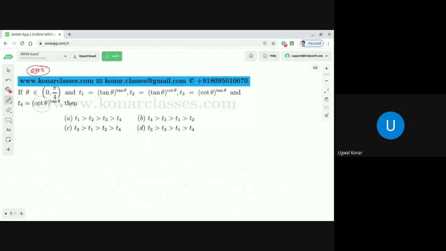Very conceptual this concept, dear students. Here giving tan theta. If theta belongs to the open interval 0 to pi by 4, T1 is tan theta power tan theta, T2 is tan theta power cot theta, T3 is cot theta power tan theta, and T4 is cot theta power tan theta.